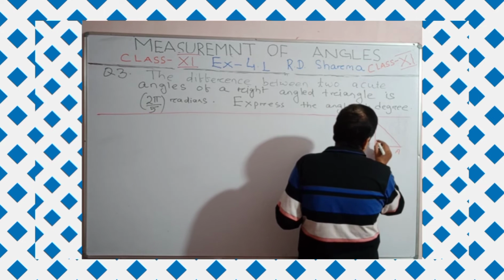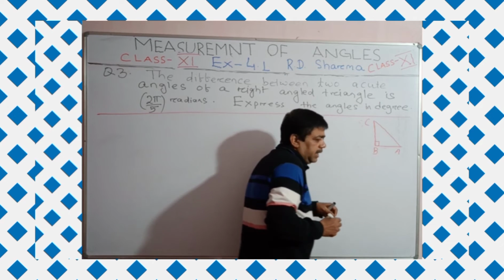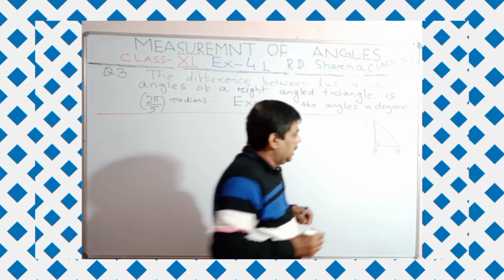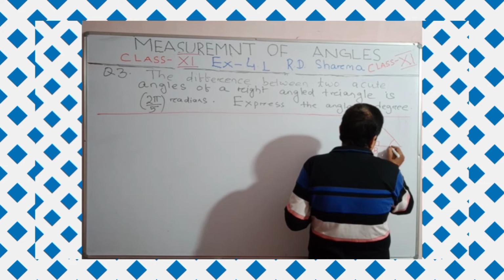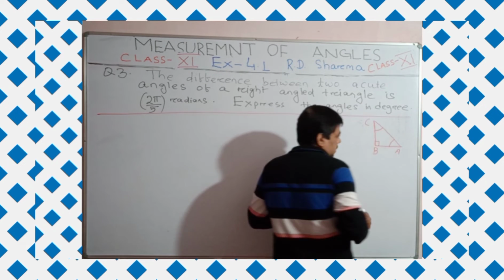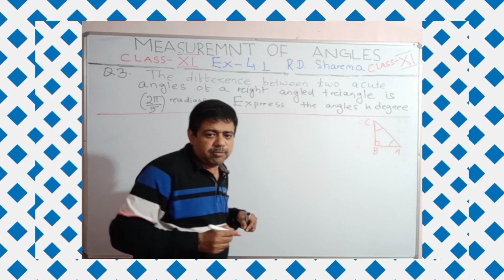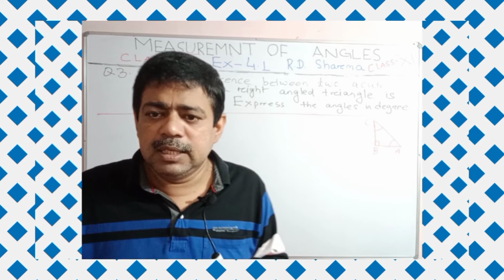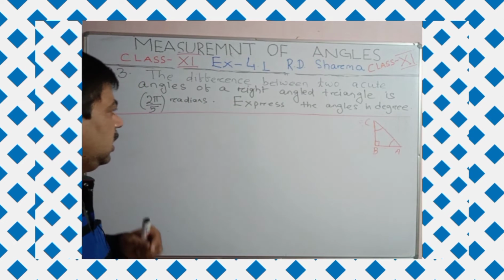Suppose B angle is 90 degree, already given in degree, and the other two angles, angle A and angle C, are acute angles. We have to find the measure of the acute angles A and C in terms of degree.